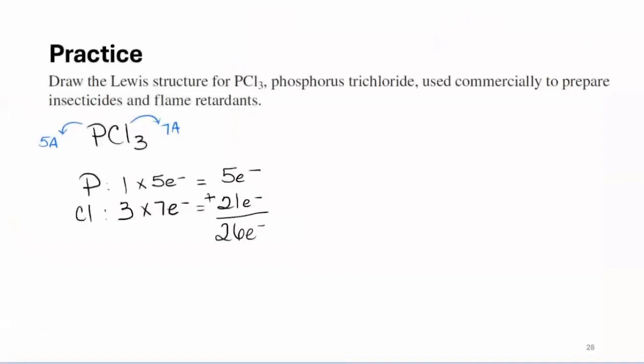So that means that phosphorus is going to be my central atom. Then I'm going to connect all the chlorines around phosphorus with a line, because those lines are going to represent the covalent bonds, and each line represents 2 electrons.